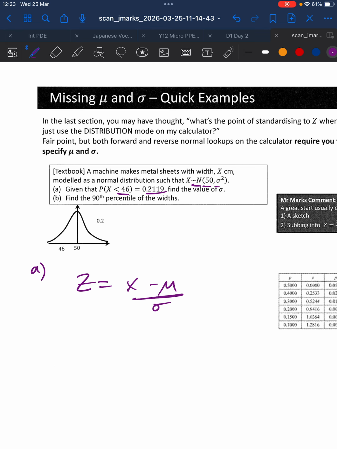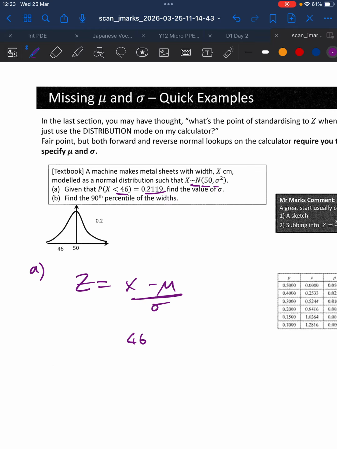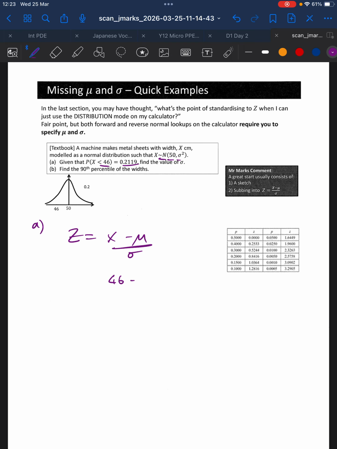So X, my piece of data is 46, isn't it? So 46 minus, right, I don't know the mean, do I? So what am I going to do on this? Sorry, let me just grab my notes. Okay, so I've got 46 minus mu over the standard deviation.